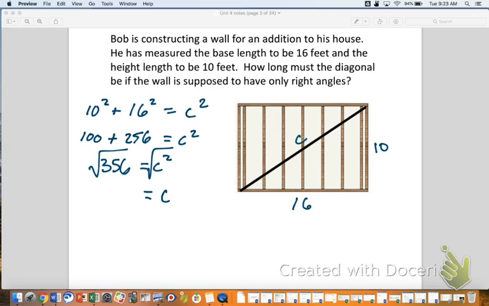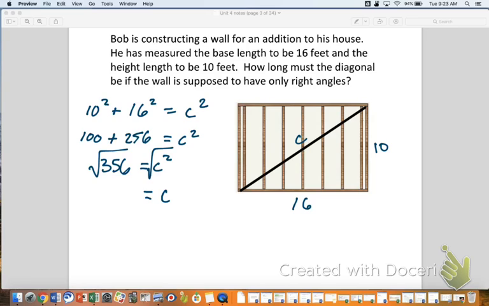And now we're going to talk about this today. We won't really need the calculator too much today, but maybe on this one we will because I don't think 356 is a perfect square. So it's going to come out to be some decimal number. So if you've got a calculator with you, take a minute, see if you can figure out what the square root of 356 is, and we'll know what Bob's wall's diagonal should be.